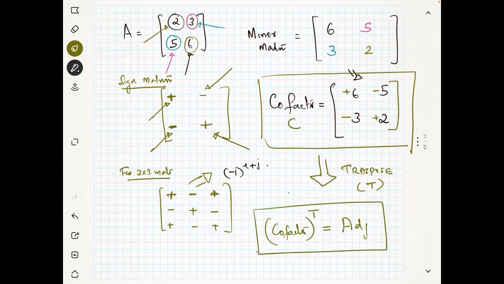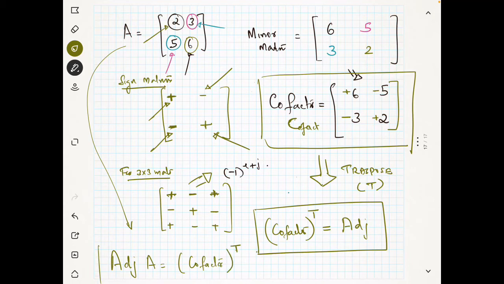So this matrix is the cofactor, let's say cofactor C. The adjoint of the matrix, let's say this is our matrix A, is nothing but the transpose of the cofactor. We will have the cofactor matrix and take the transpose. So I will give you the idea.